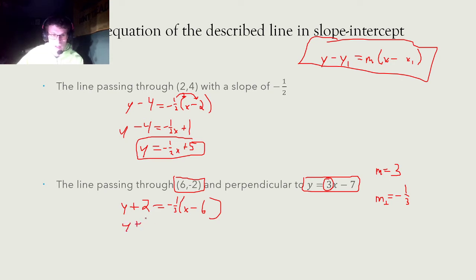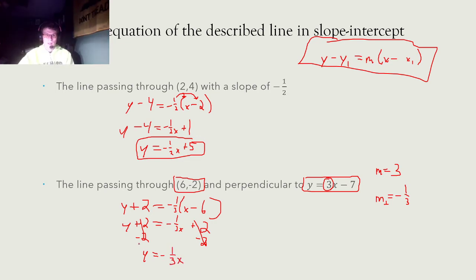Y plus 2, and then we distribute the 1/3, negative 1/3 x, plus 1/3 times negative 6. Negative 1/3 times negative 6 gives me a positive 2. Okay? A positive 2. So in order to finish this, I need to isolate my y. So subtracting 2 from both sides cancels out both 2's. So my answer is y equals negative 1/3 x. Okay? So that is how you find it when looking for a perpendicular line.